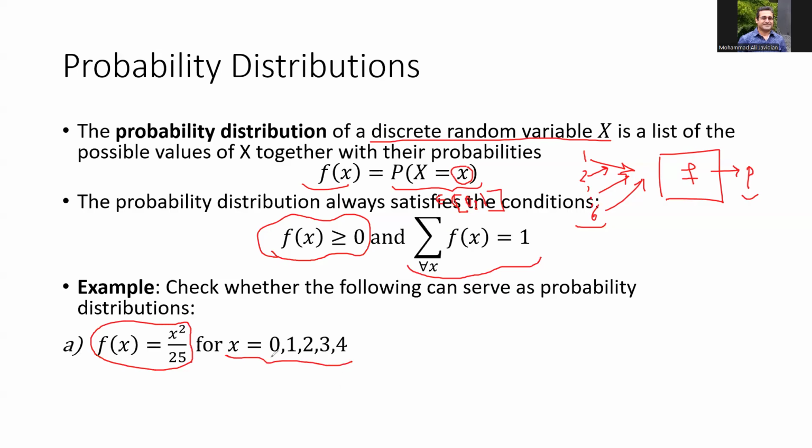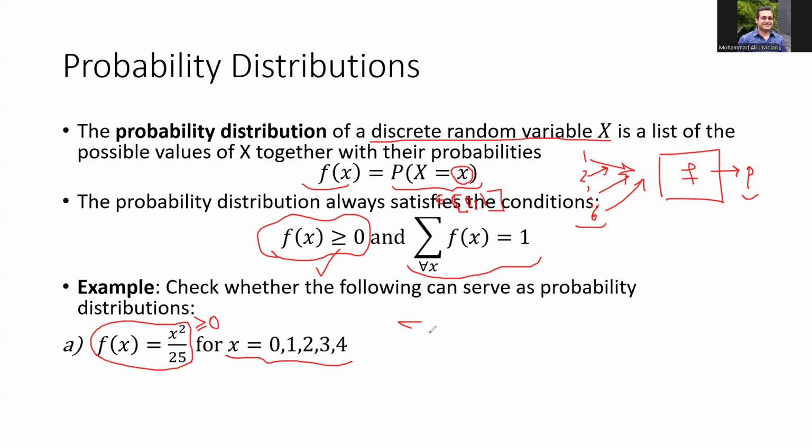So you can easily check that f of x always is 0 or bigger than 0. If you substitute x with 0, you get 0. And if you substitute x with 1, 2, 3, or 4, definitely you get a positive number. So the first condition is satisfied. I want to check the second condition.